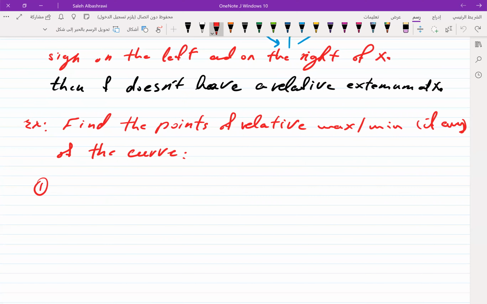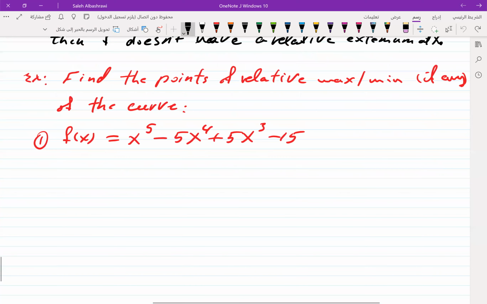Number one, f of x equals x to the power 5 minus 5x to the power 4 plus 5x to the power 3 minus 15. To find the points of relative maximum or relative minimum, first of all, we have to find the critical points.